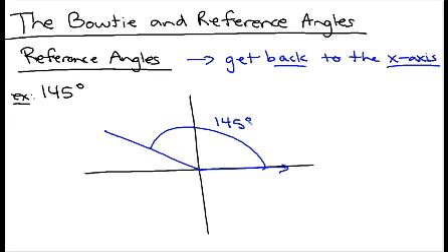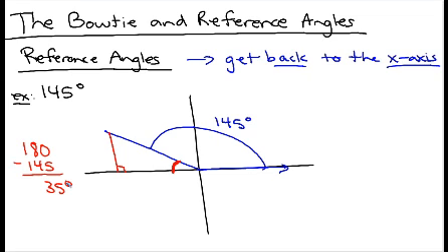If I want the reference angle, I just need to bring that angle back to the x-axis in a right triangle like that. And the angle that's going to get me back to the x-axis is this one in here. So it's pretty obvious that this is just 180 minus 145 degrees, which is 35 degrees.